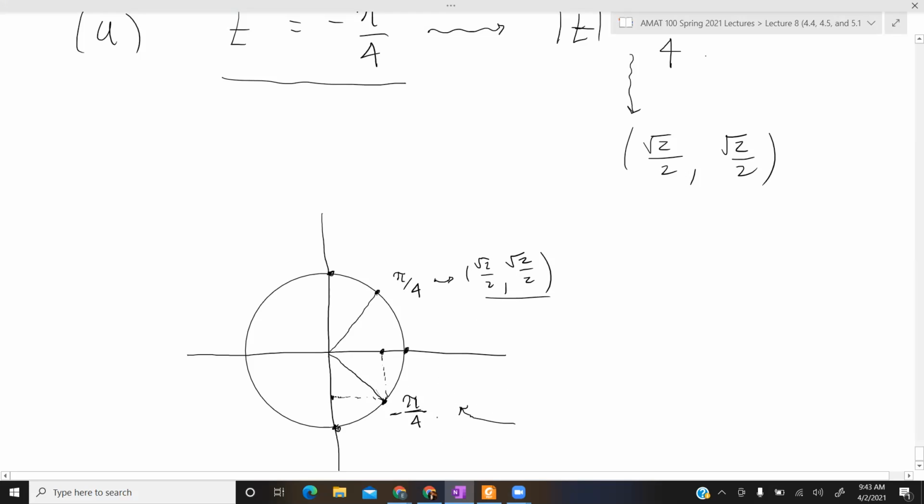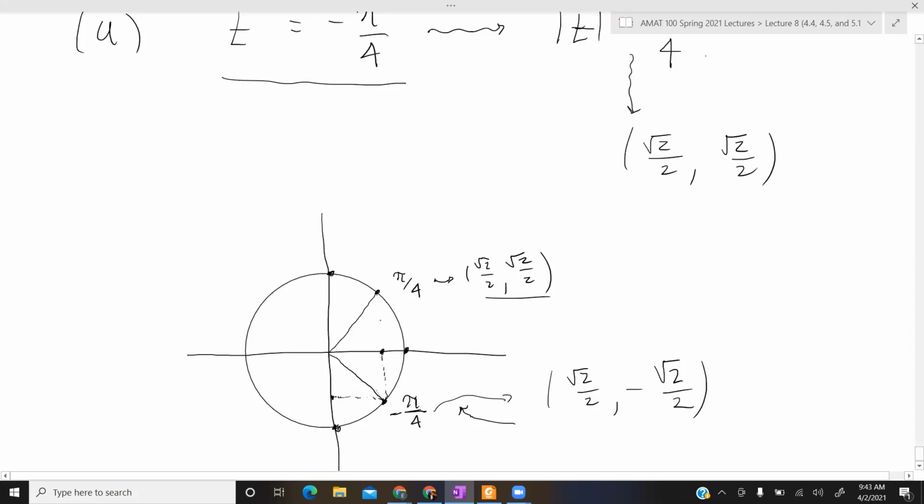So this number, this distance you travel along the circle in the clockwise direction, is going to correspond to root 2 over 2, negative root 2 over 2. The only difference is that the y coordinate becomes negative.